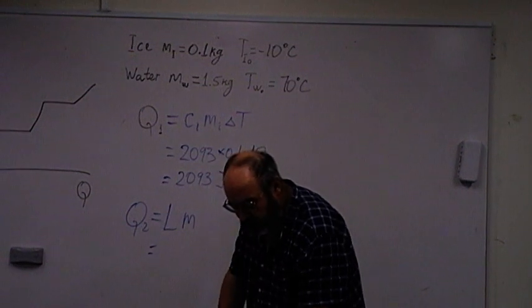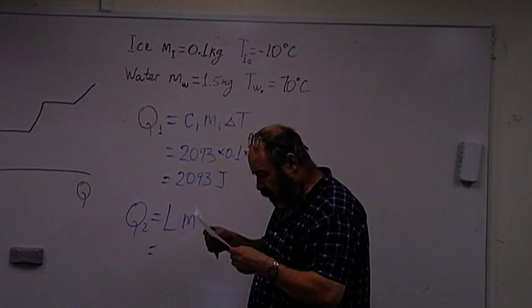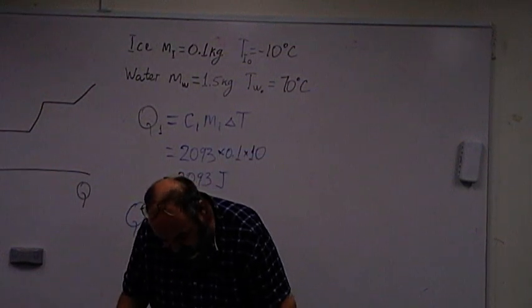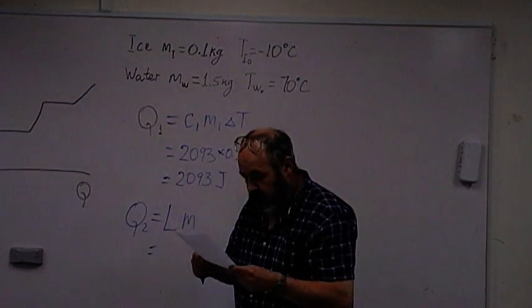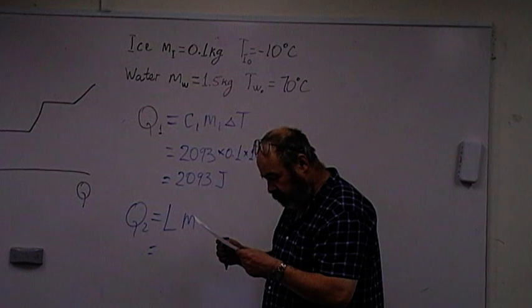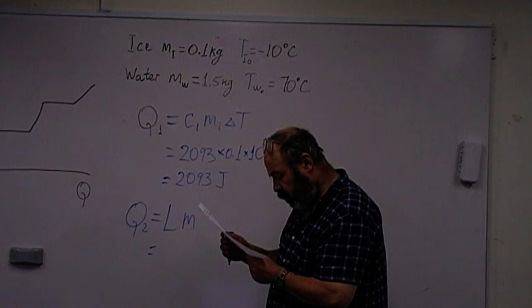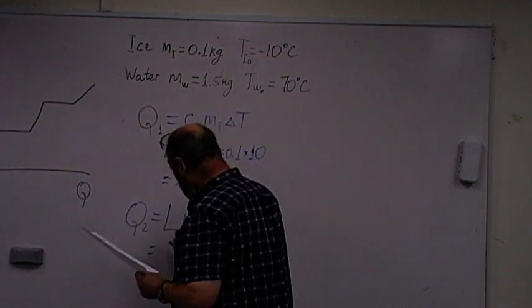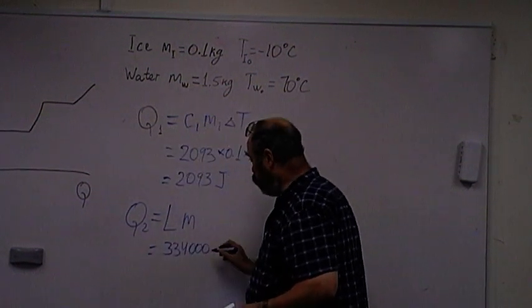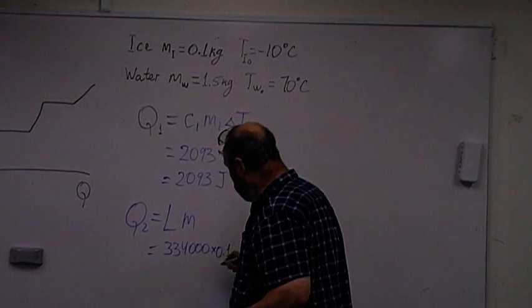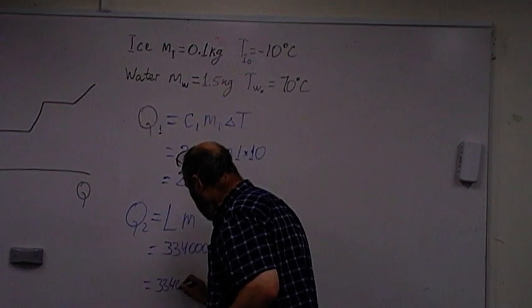The latent heat of the ice is 334,000, because it is 334 kilojoules, times mass 0.1, equals 33,400 joules.